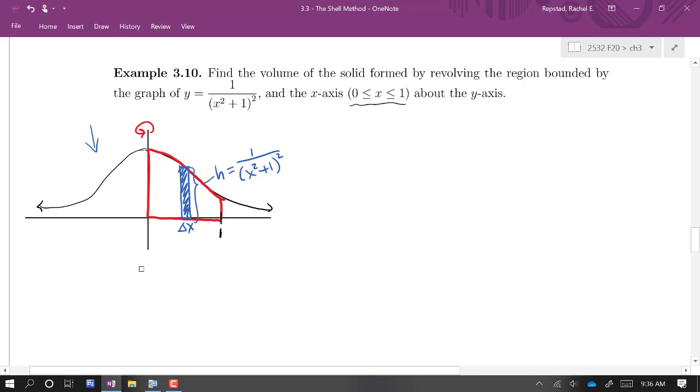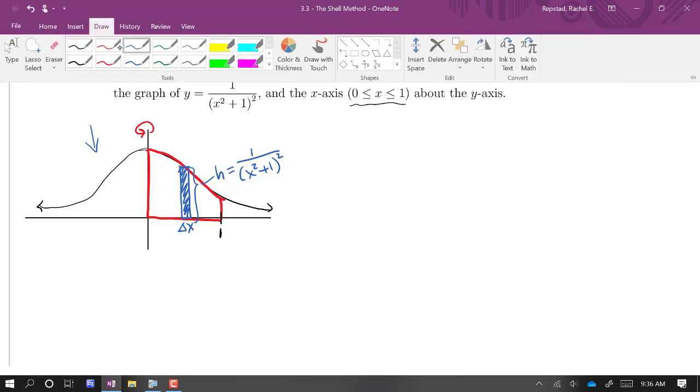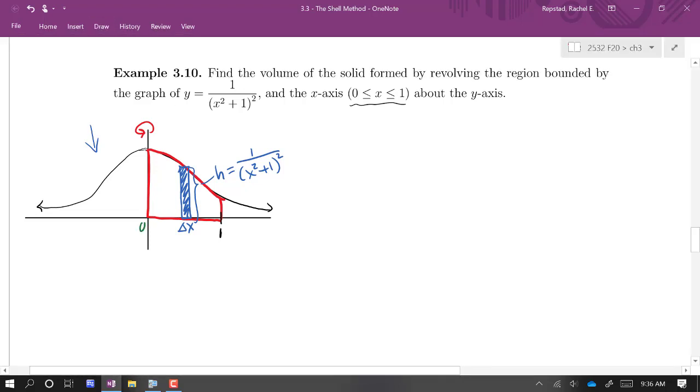The limits of your integral are always obtained from the original region. Before you revolve anything about any axis, you take a look at this region. You imagine, since it's vertical rectangles, that you could slide this rectangle to the left and to the right. And so our limits are going to be from 0 to 1.